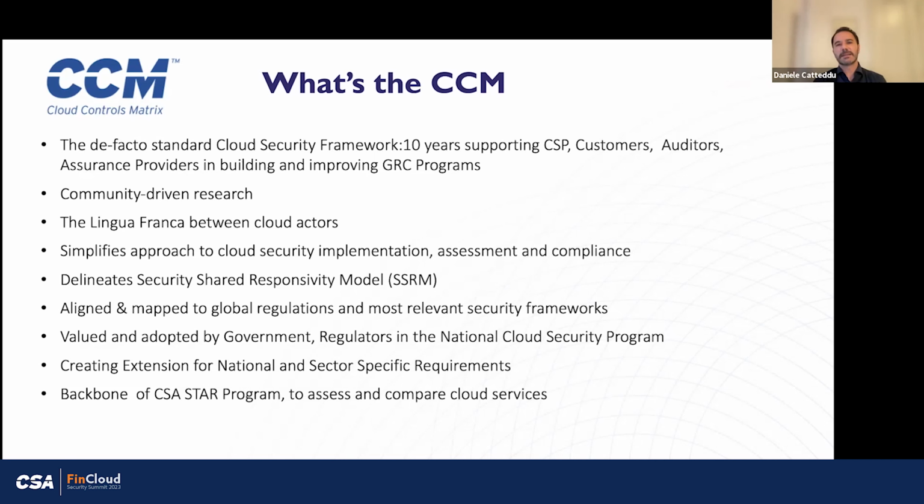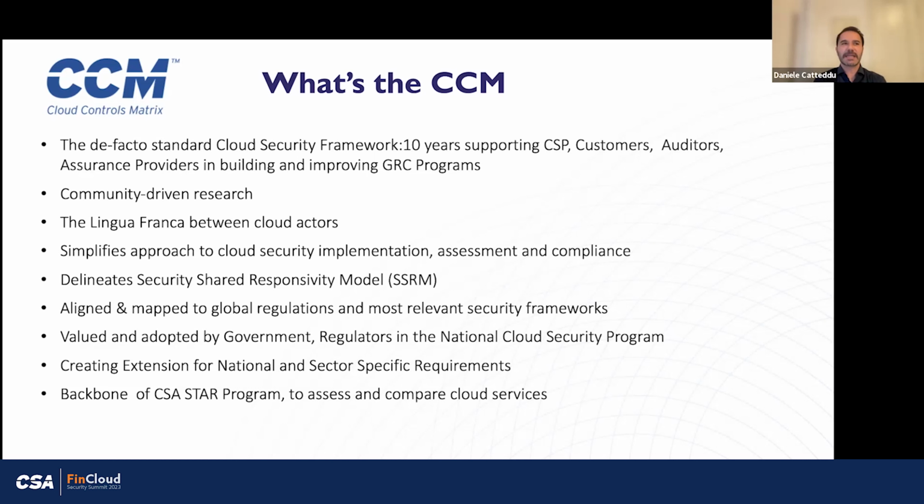By now, CCM has become a sort of lingua franca between cloud actors. That has been really one of the main drivers for the Cloud Security Alliance to create it. Not only is it a best practice that we want to offer to the community, in order for the various actors within the cloud community to improve their security posture and to facilitate their approach to cloud and risk management in the cloud, but it's also a good way for cloud service providers and cloud customers to communicate between themselves.